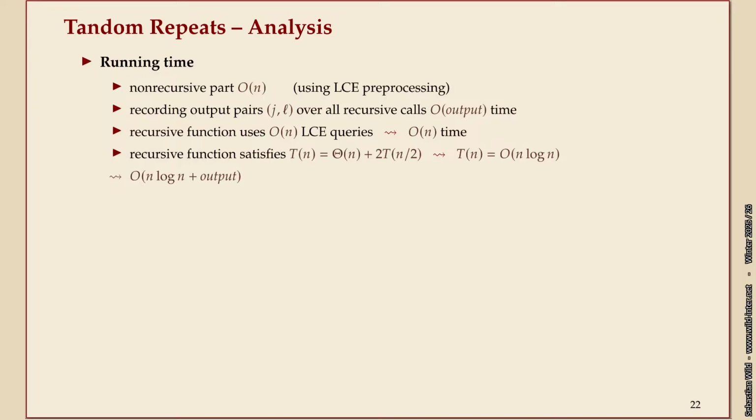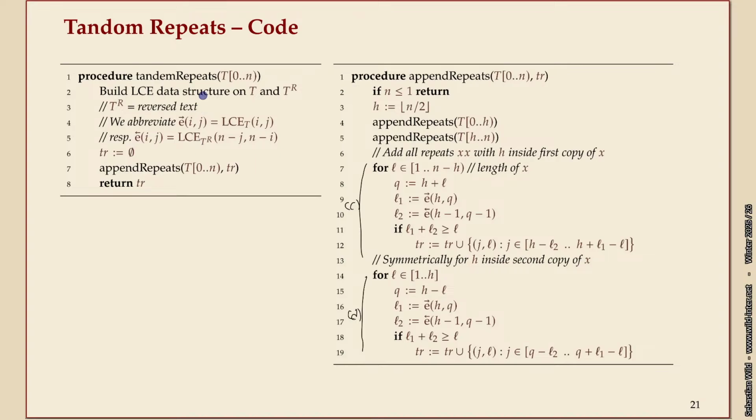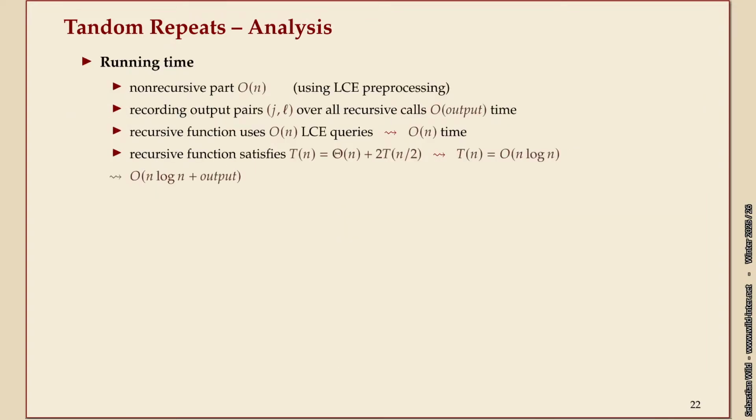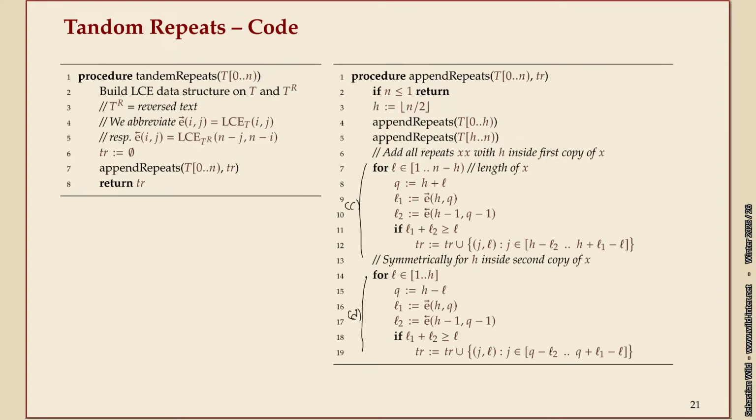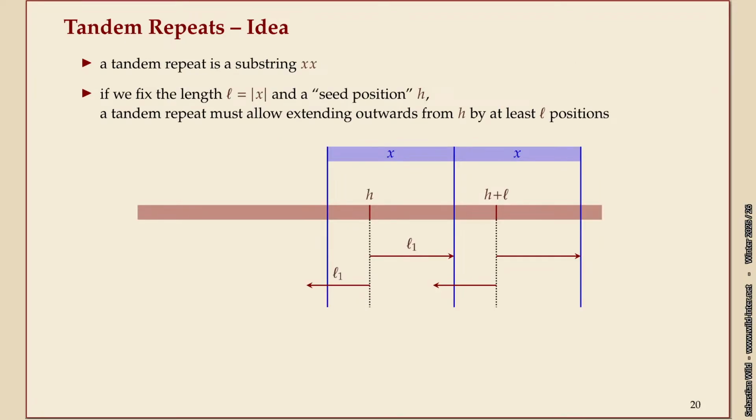If you analyze this, then the non-recursive part in this procedure is essentially building the LCE data structures. And that's linear time using the black box of LCEs that we haven't talked about, but assuming that that works. Then over all iterations or all recursive calls of this recursive procedure, we're going to produce outputs here. And this is something I didn't stress here.